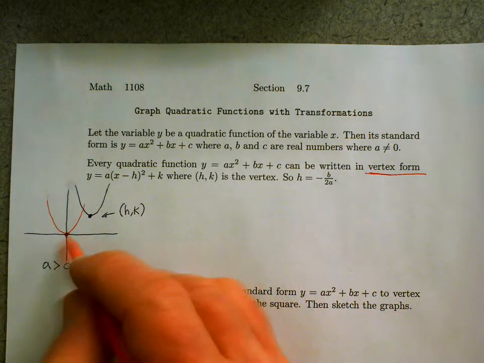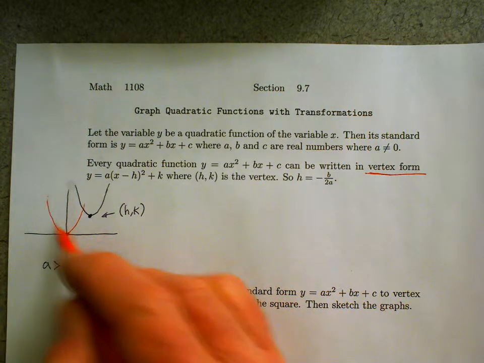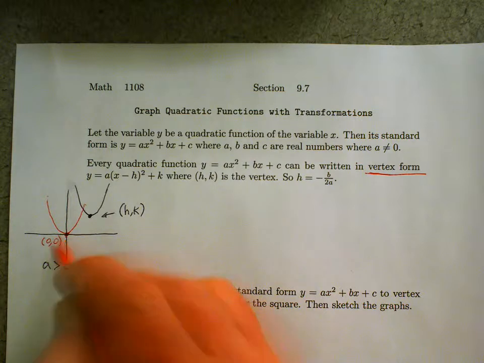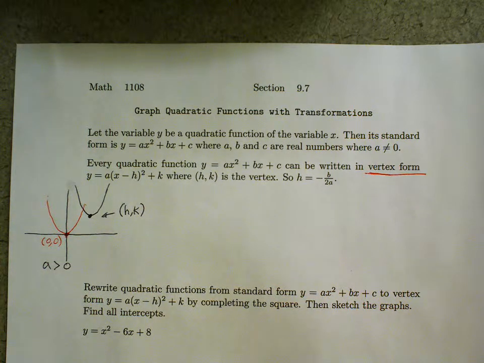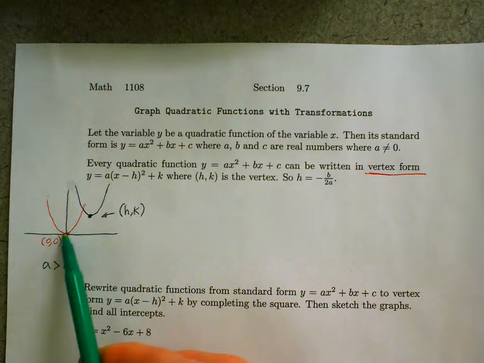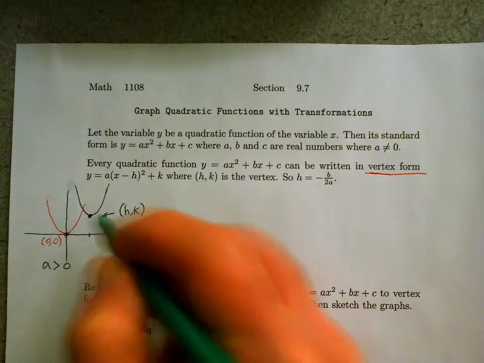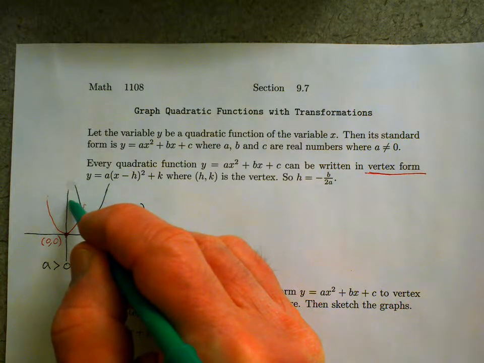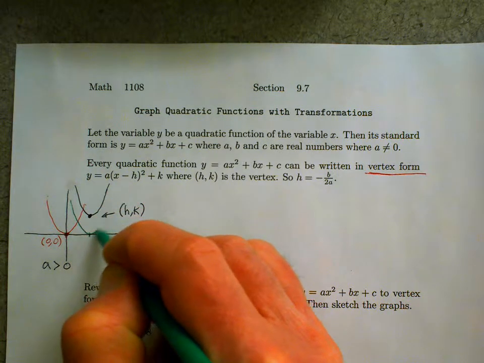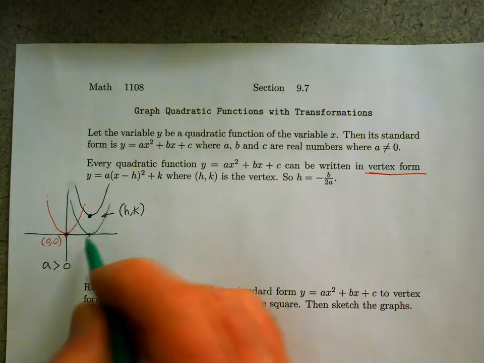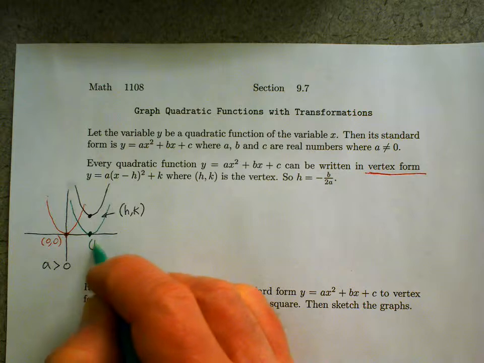So in this picture, we start out with a parabola with vertex (0, 0). And then if we shift the parabola to the right, or translate it or transform it to the right, this vertex is the ordered pair (h, 0).